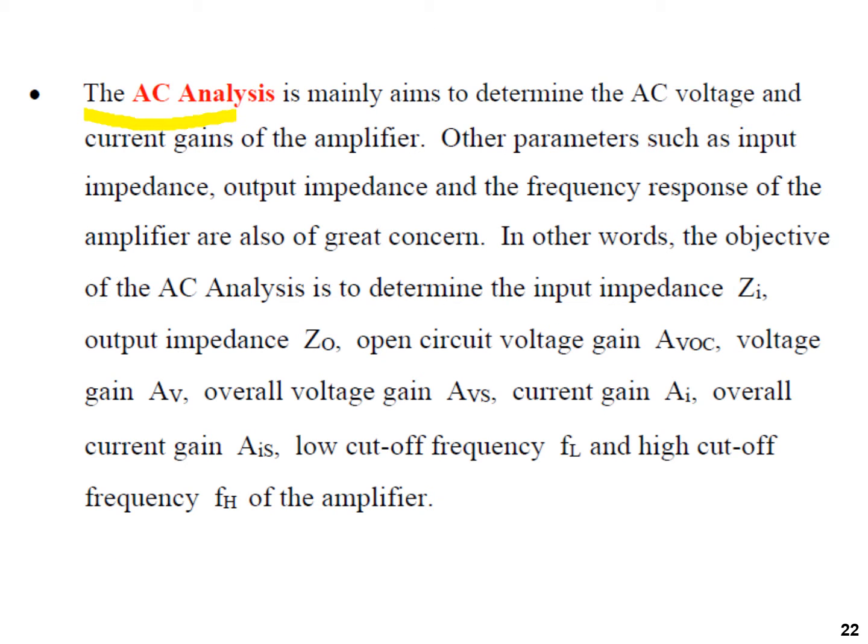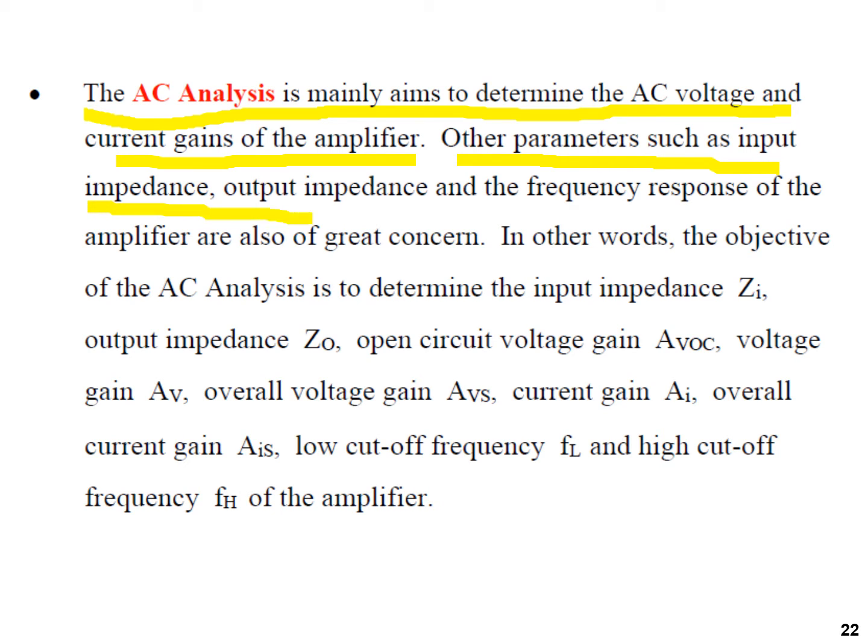The AC analysis mainly aims to determine the AC voltage gain AV and current gain AI of the amplifier. Other parameters such as input impedance Zi, output impedance Zo, and frequency response of the amplifier are also of great concern.